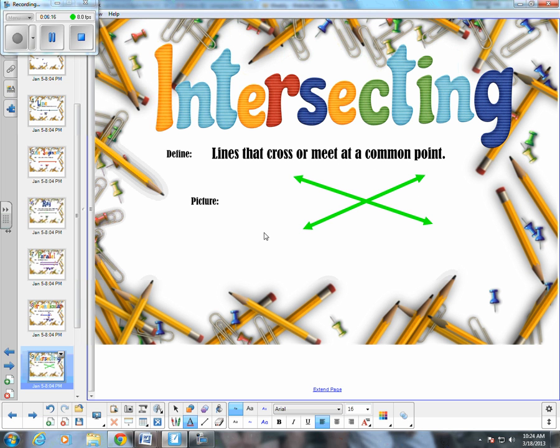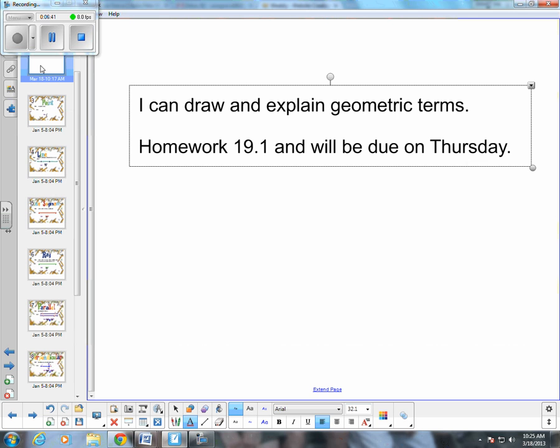So now your job is to fill out the graphic organizer for the different types of lines and line segments and rays and endpoints, with your graphic organizer. And then your homework tonight will be 19.1. So think about back to our I can statement, which is I can draw and explain geometric terms.